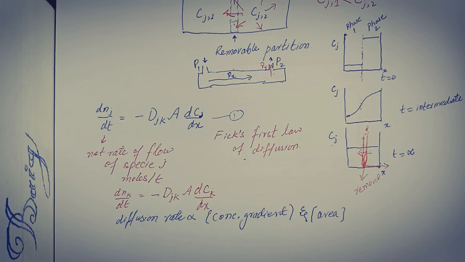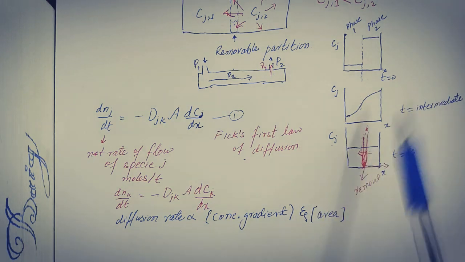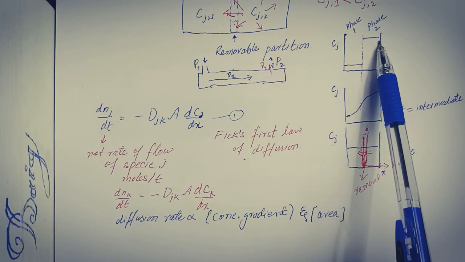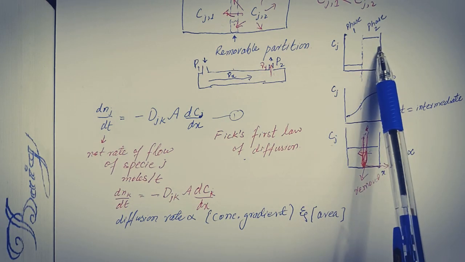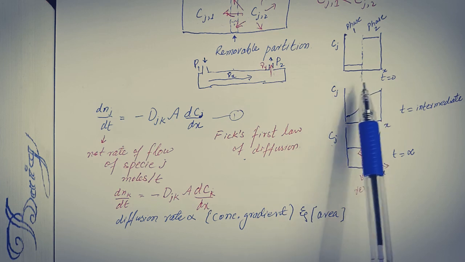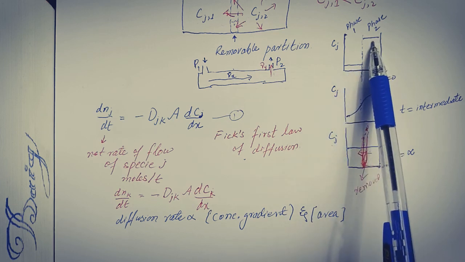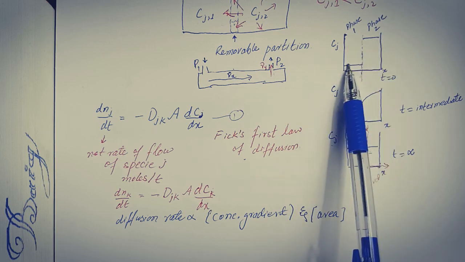So here one more thing to remember is that at the start the concentration gradient is higher, so the rate of flow of species J from phase 2 to phase 1 is higher.